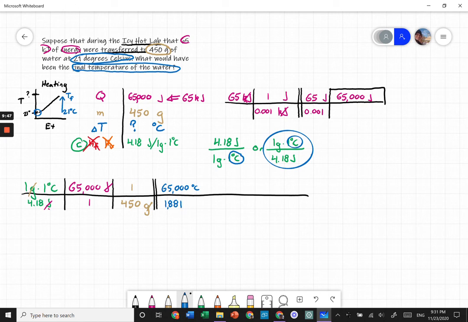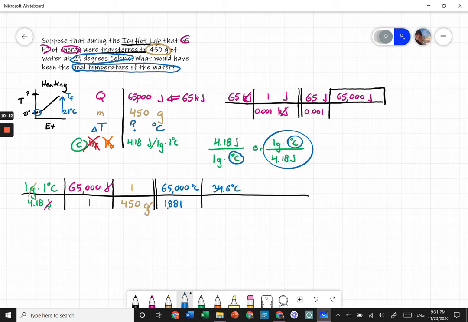But once again, no units. I want to simplify this number down, so I'm going to take my 65,000 degrees Celsius divided by what's on the bottom, 1,881. What that's going to give me is 34.556, I'm just going to round that to 34.6 degrees Celsius.